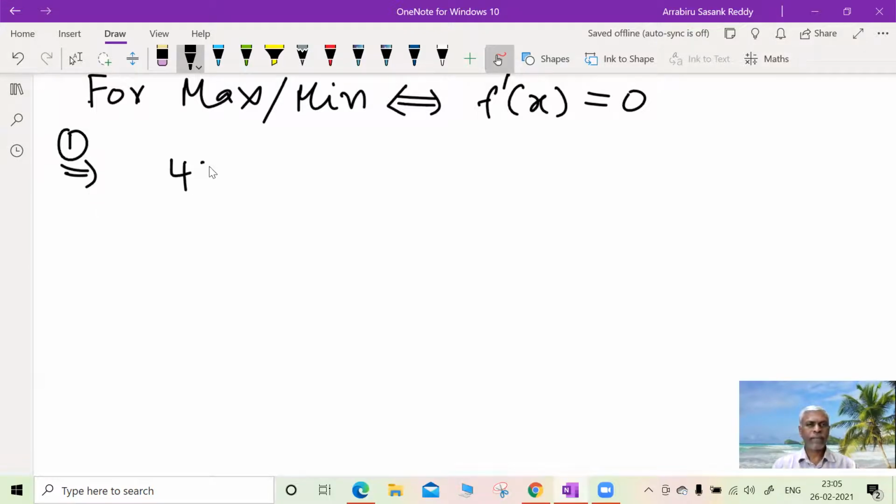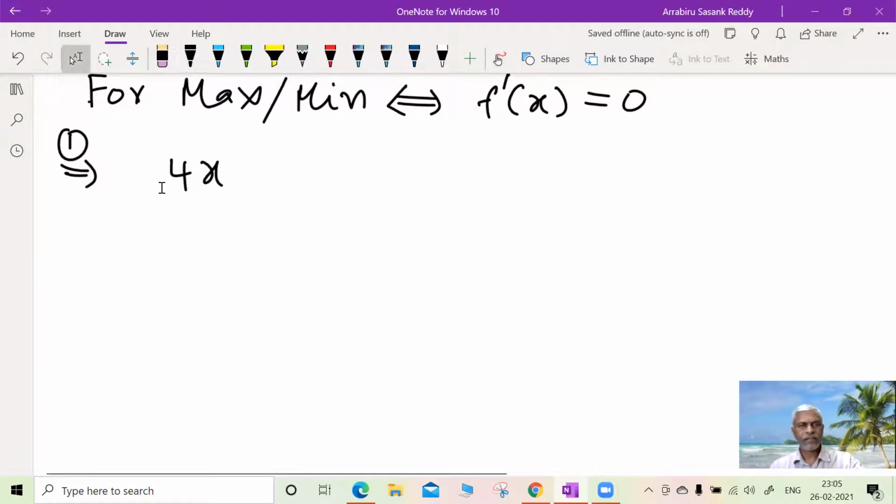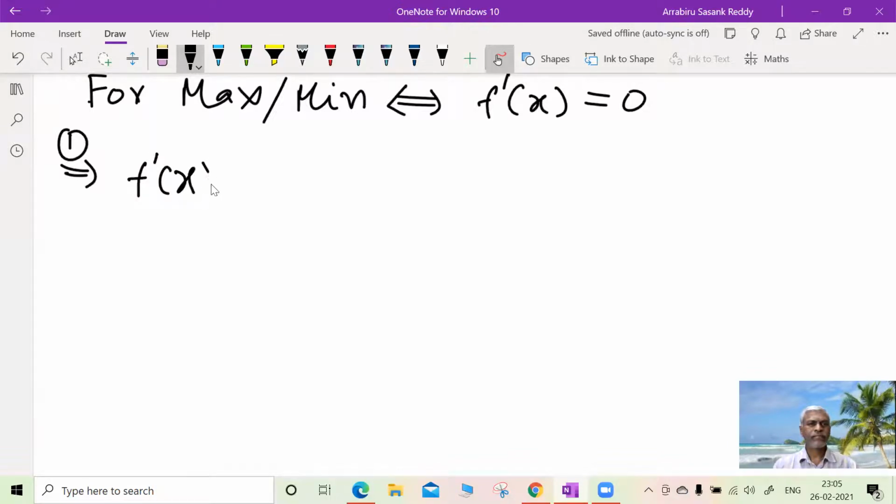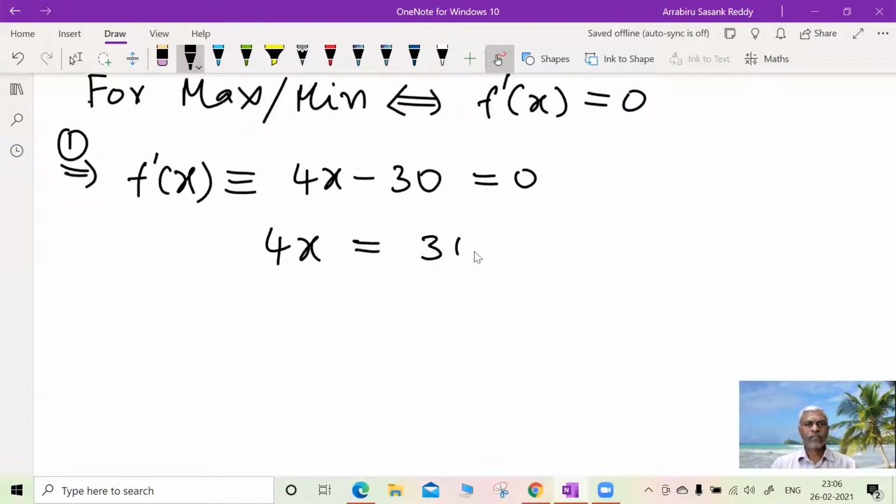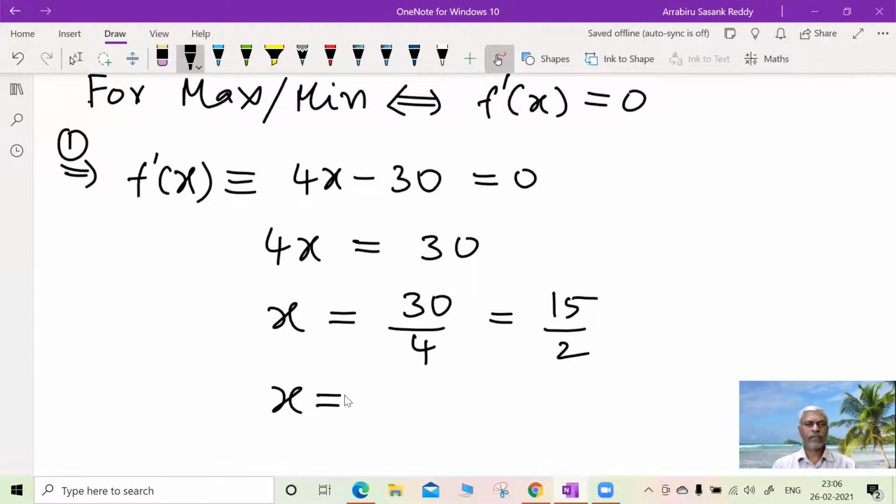So 4x is equal to 30. x is equal to 30 by 4, that is 15 by 2. The x value is 15 by 2.